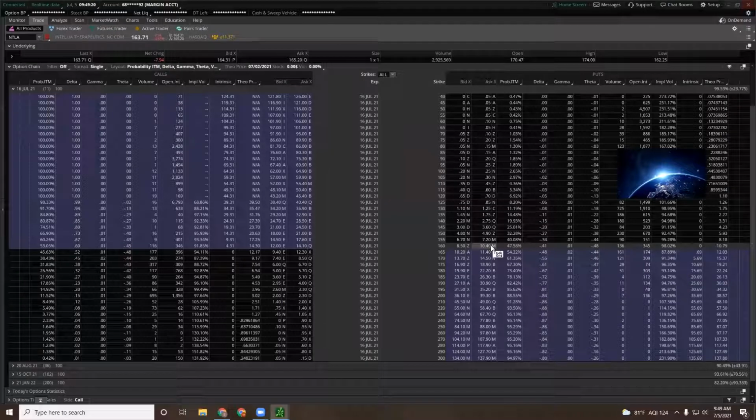If I compare these to the strike price of 160 and the current stock price of 3.71, that simply means that this is almost like $7 more expensive. So that is simply straightforward.